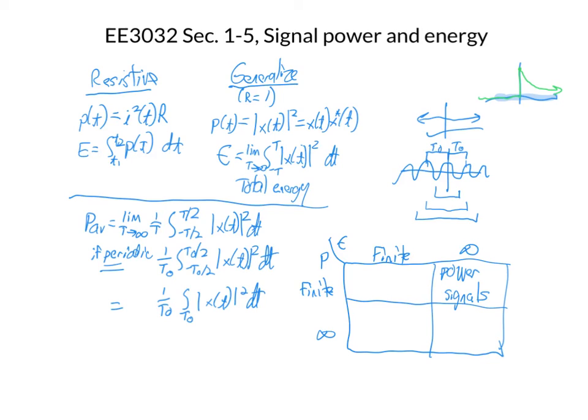And when I divide that finite amount of energy by larger and larger time in the average power integral here, the power is always going to vanish and go to 0 if the energy is finite in a signal. So those signals, like this decaying exponential that I have there, we call those energy signals.